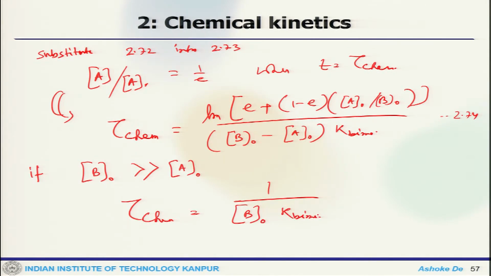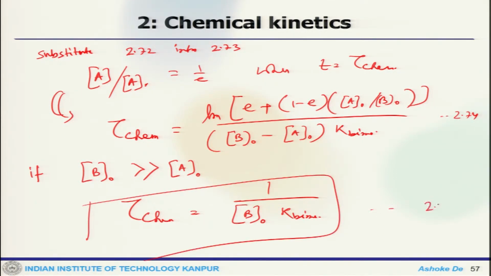So, it is a simplification. If the concentration is too high, then essentially this term goes to 0, so it will become 1 by K bimolecular. So, this is the simplified expression you get for a bimolecular system.